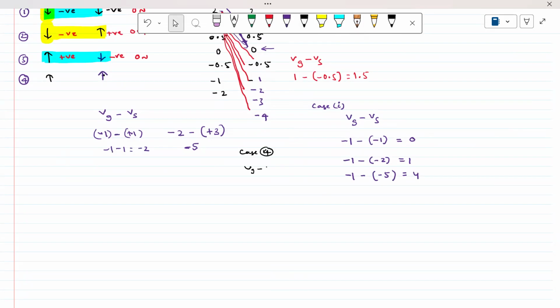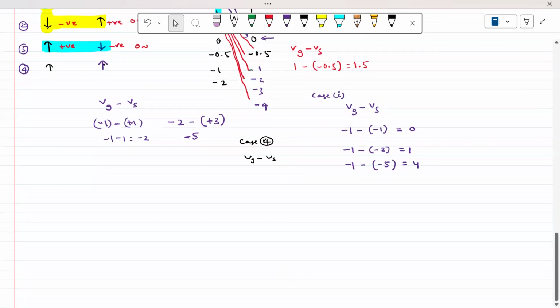VG minus VS. Give me one condition where VGS is a positive value, for example plus 1 volt. What about the VS? Also a positive value, for example plus 1 volt. Then what will happen? This is 0. Under this condition, because it's less than the threshold voltage, definitely it will be off.